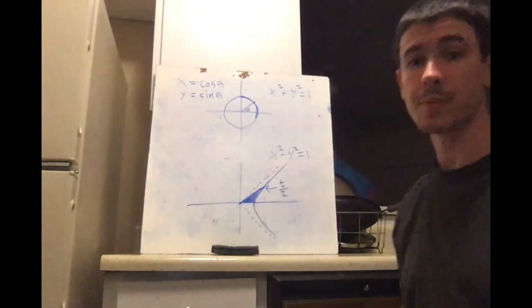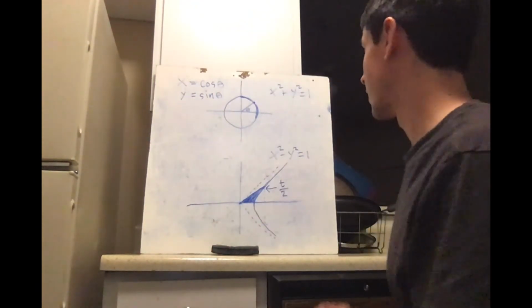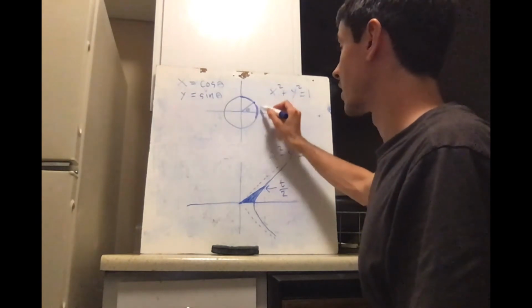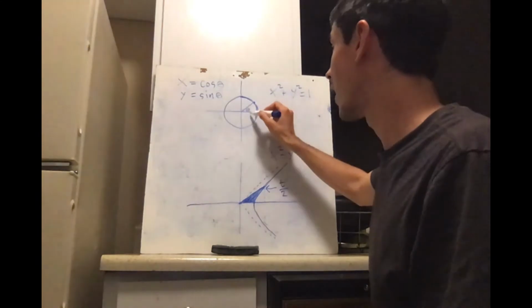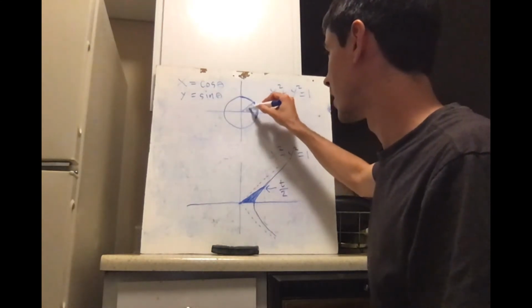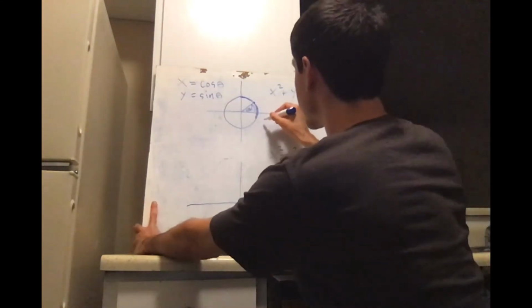Well, theta is the arc length of this arc, but the area of the circular wedge right here is not quite theta, but theta over 2.